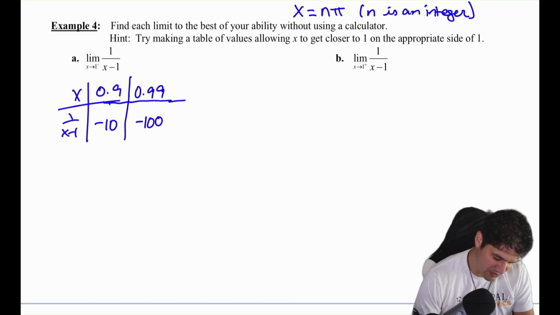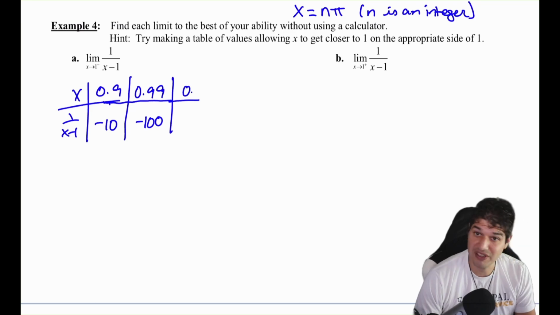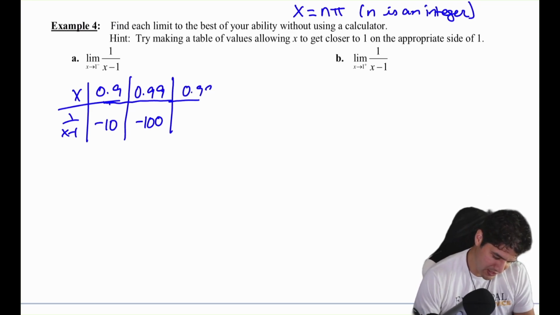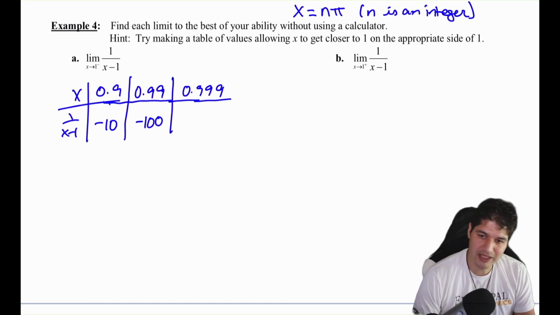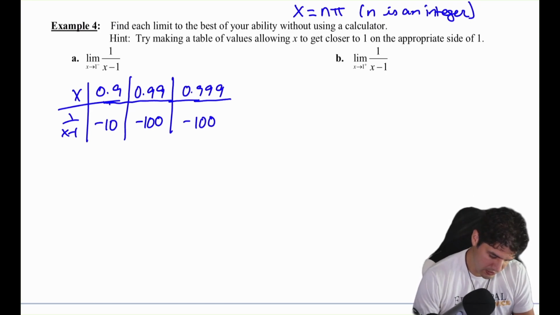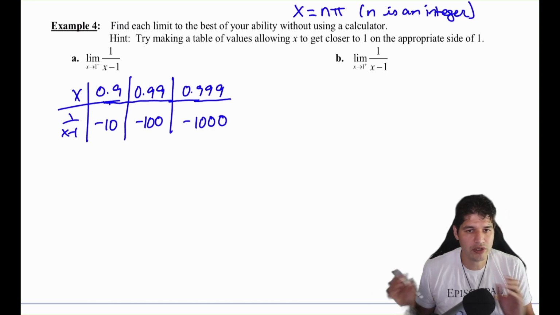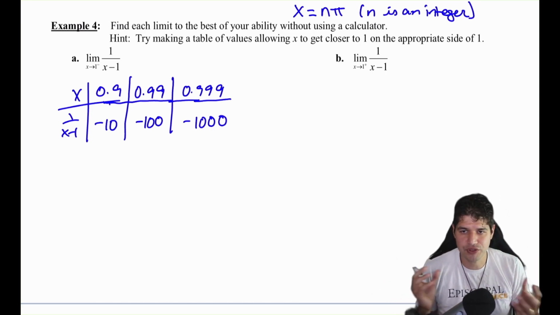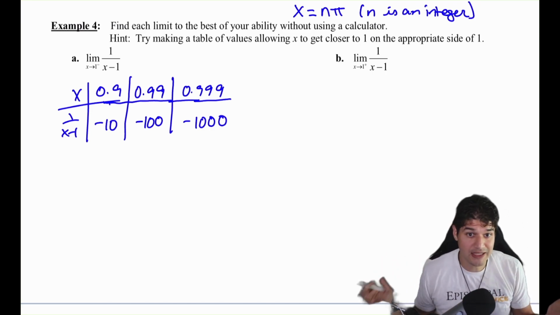Let's get another value that is getting closer and closer to 1 from the left side. So 0.999. If you haven't figured out the pattern, just keep going. We can see a pattern of our function itself. That's going to be negative 1,000. So what are these values approaching? That's the idea of limits.